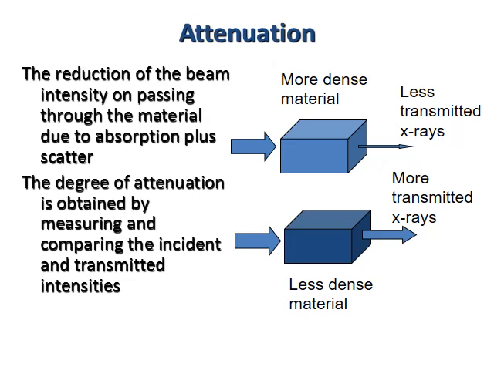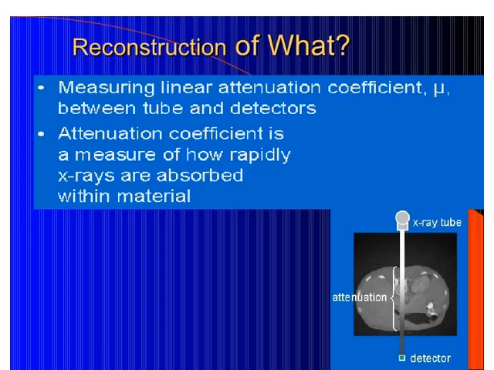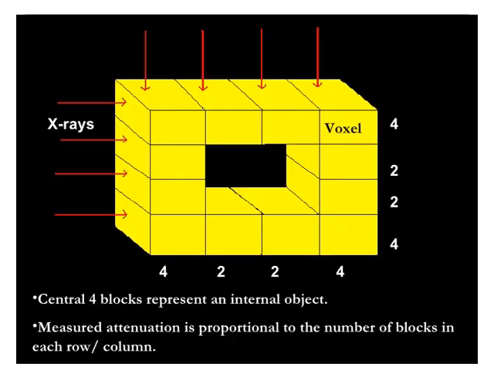If a material or organ is more dense, it transmits fewer X-rays, and if the material or organ is less dense, it transmits more X-rays. The degree of attenuation is obtained by measuring and comparing the incident and transmitted X-rays. The attenuation coefficient is a measure of how rapidly X-rays are absorbed within a material.